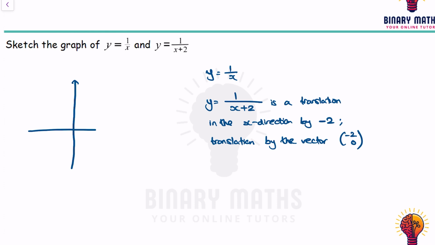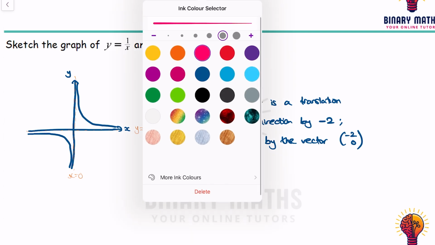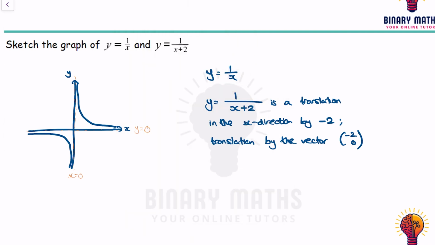So if I'm sketching this out, this is my x, this is my y. This is y is equal to 1 over x. Okay, again, my asymptotes would be x equals 0 and y equals 0. So 1 over x plus 2 is a translation by the vector minus 2, 0.